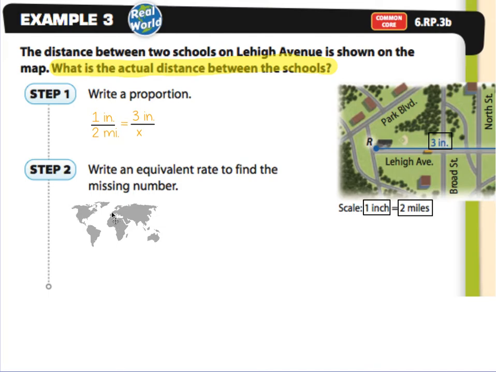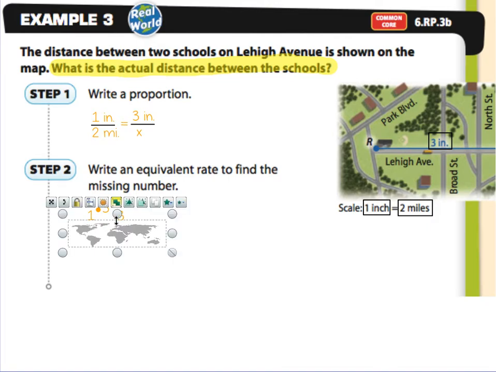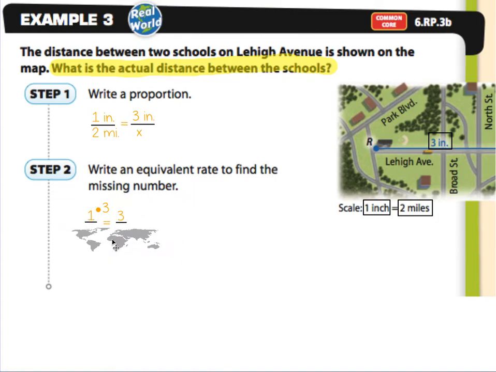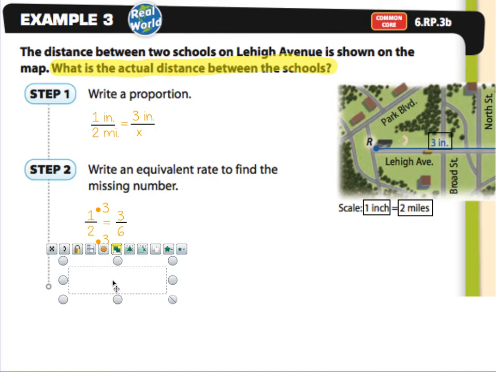All right? So then once again, we're going to use our math and figure out that to go from 1 inch to 3 inches, we multiplied by 3. And I know that rule. That rule is what I do to the top, I have to do to the bottom. All right, and since I multiplied by 3 on the top, I have to multiply by 3 on the bottom.